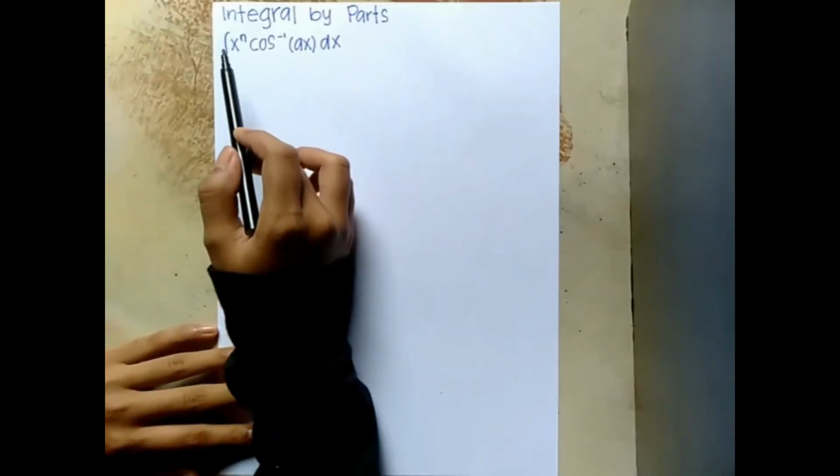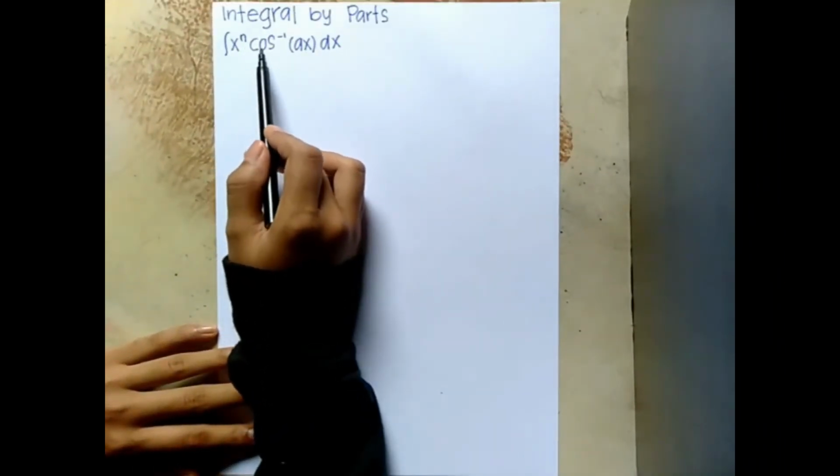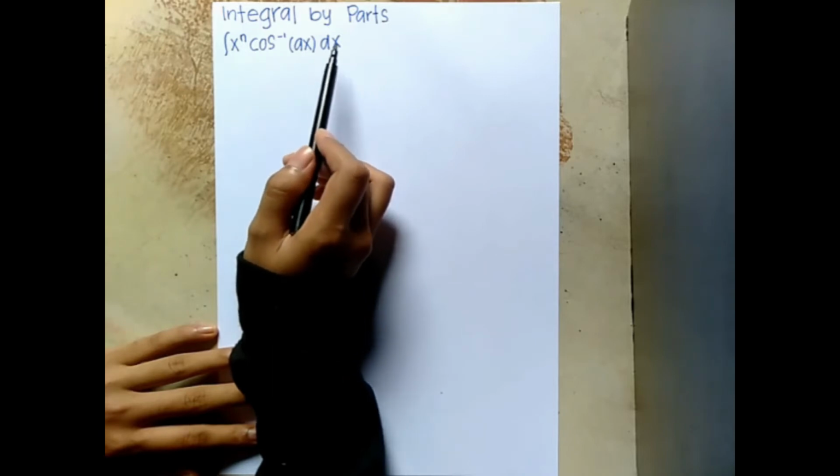So our question is x to the power of n cos to the power of -1 ax dx.